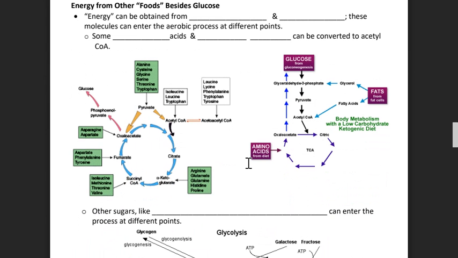Okay, so I know you guys, if you've had any exposure to anything, you have heard before that, yes, we use sugars for energy, but what else can you guys eat and technically provide energy for your bodies besides carbs? What else is in food that you can use for energy? Protein. Thank you.